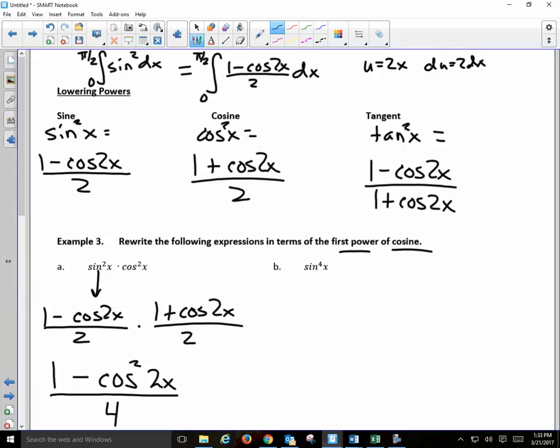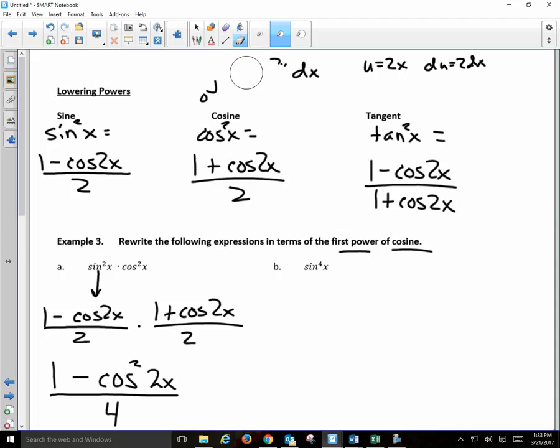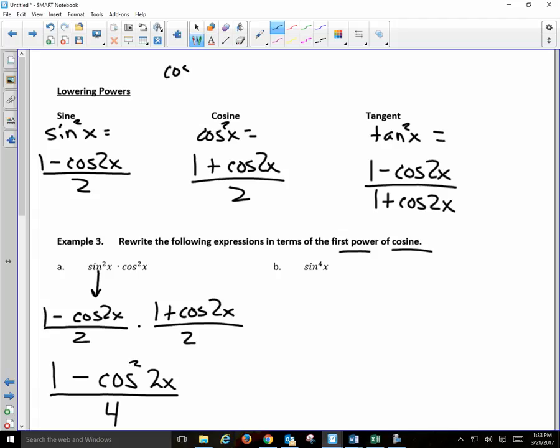So this is where we arrive at an issue that we have to work through. We have a new formula we need to create. I know that cosine squared of x is 1 plus cosine of 2x over 2.